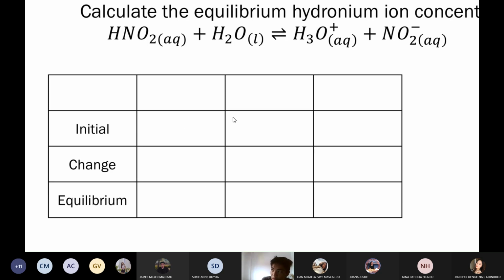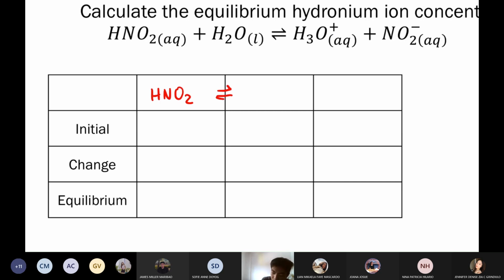So, let's construct the ice table for this equation. Alam ko marunong na kayo, pero sabayan nyo pa rin ako. Sa ice table, wag mo isusulat yung liquid pati solid. Only those in aqueous or gaseous phase ang isusulat.